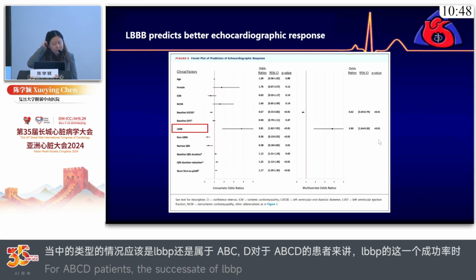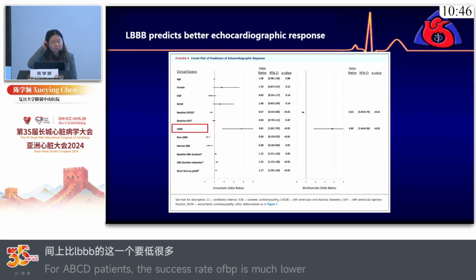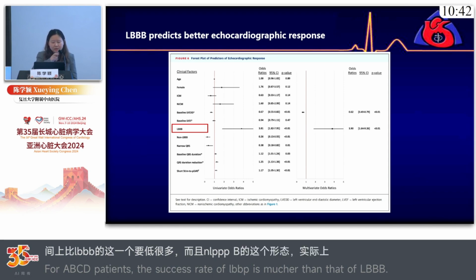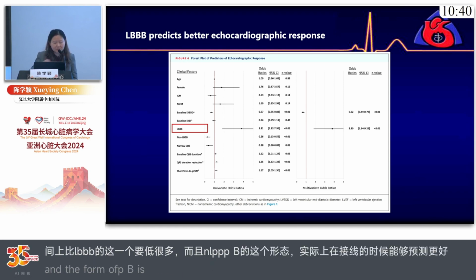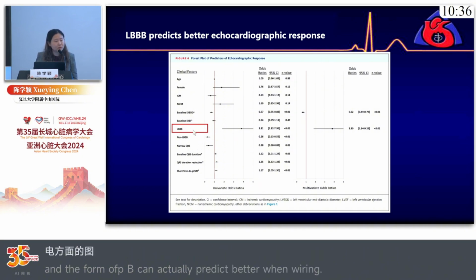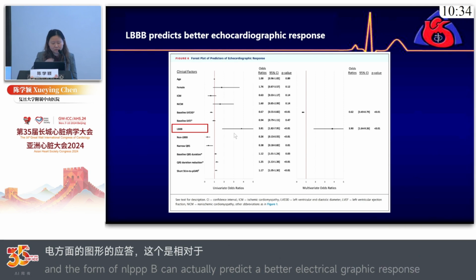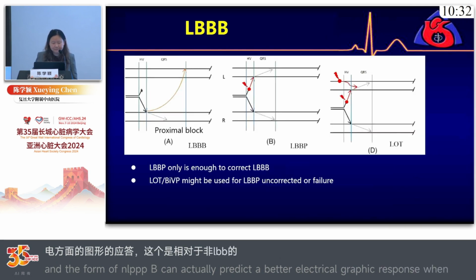And LBBB morphology at baseline can predict a better electrographic response than non-LBBB morphology. This is what we also know from previous studies.